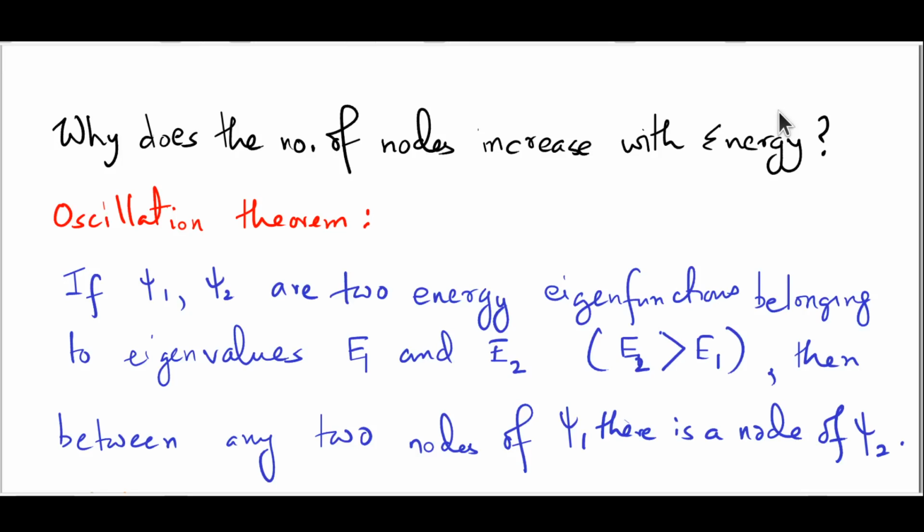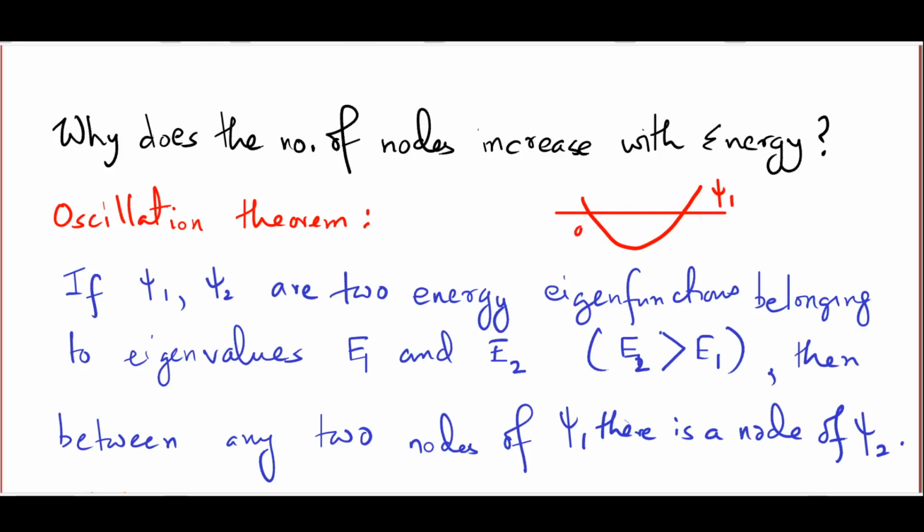So what does this really mean? It sort of means that if you have a wave function psi1 like this, where psi1 has nodes here and here. So this is the horizontal axis, the psi equal to 0 axis, so to speak.